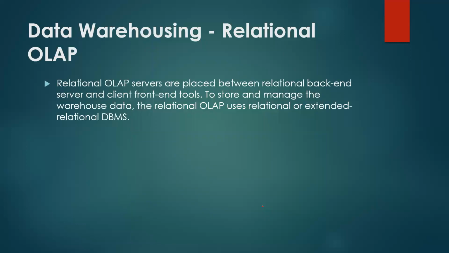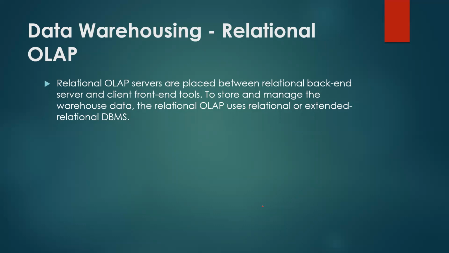Okay, so data warehousing, relational OLAP. What is relational OLAP? Relational OLAP servers are placed between relational backend servers and the client frontend. We saw those 4 tiers, right? To store and manage the warehouse data.